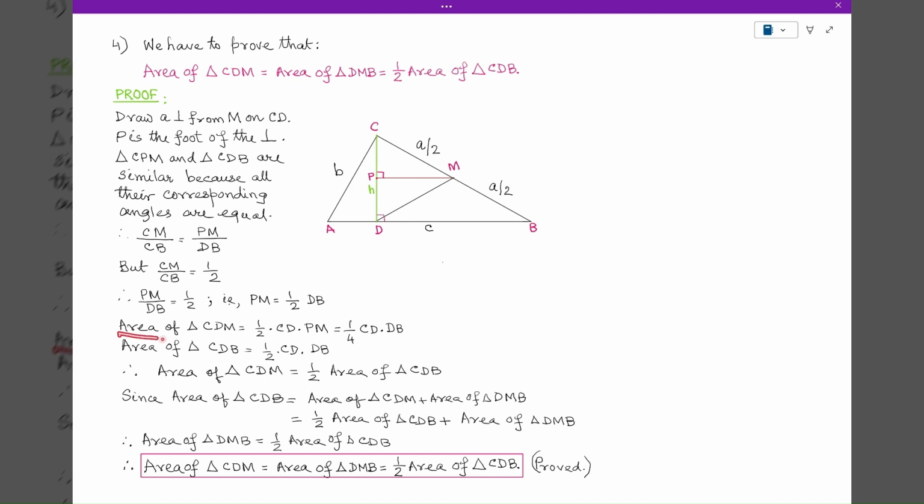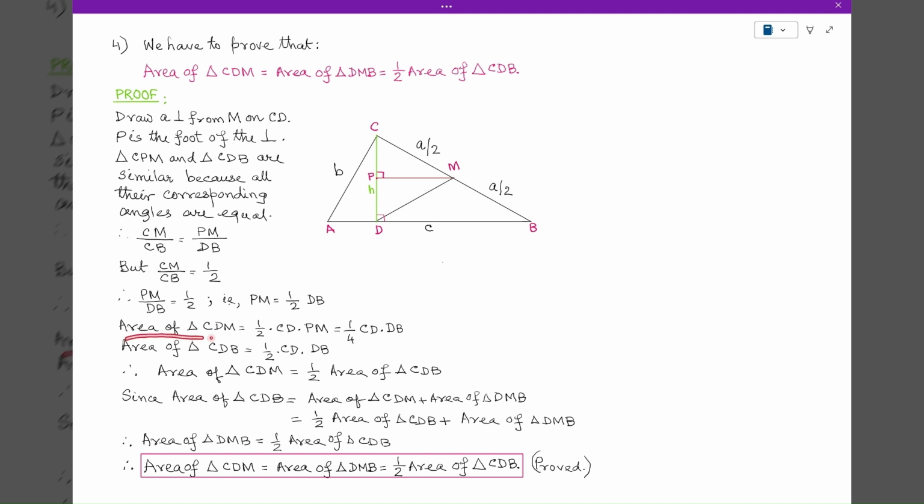Now, area of the triangle CDM, that is C, D and M, this triangle is equal to, like any triangle, half base into height. This is base, this is height, so it is half CD multiplied by PM. But PM is equal to half DB.